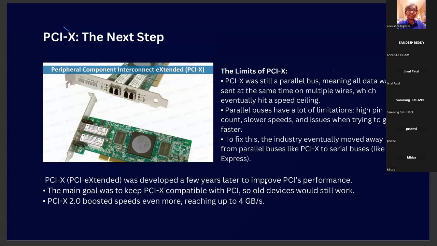So it had speed problems. Parallel buses came with several challenges: they needed a high pin count, had slower speed compared to what new technologies demanded, and had significant issues when trying to push for faster speeds.